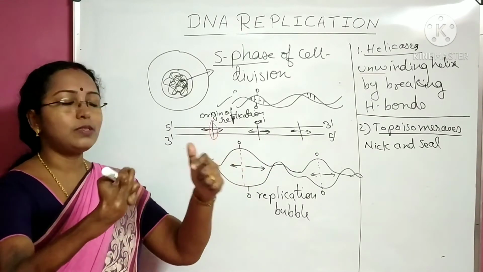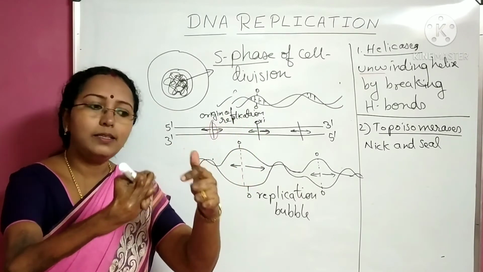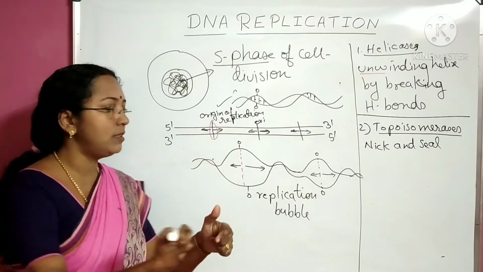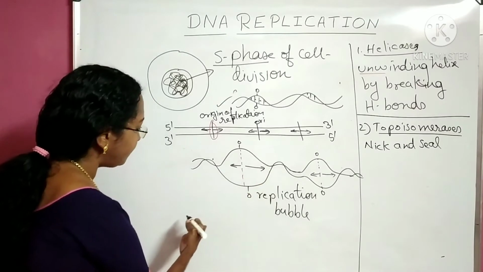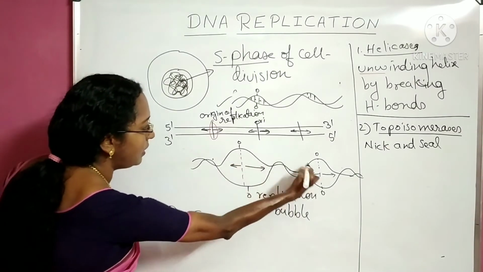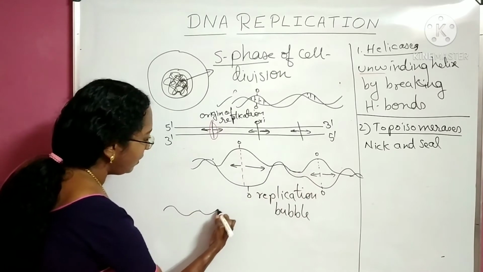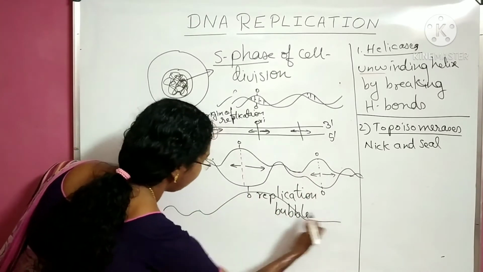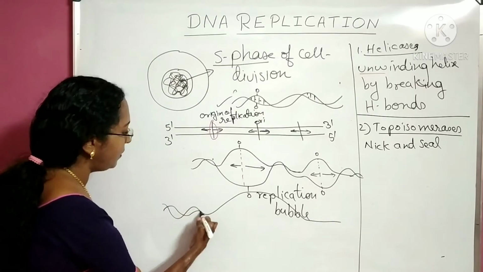So as it is proceeding from one end to the other end, new DNA strands are getting formed, and ultimately what will happen is these two bubbles, this first one and the second one, will form a big bubble like this.